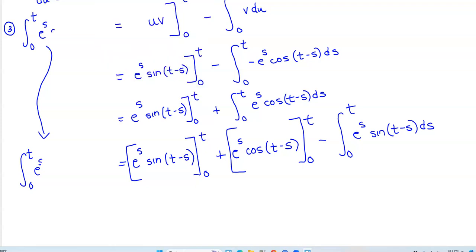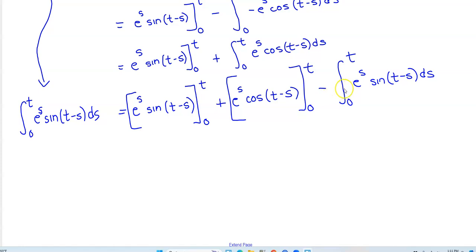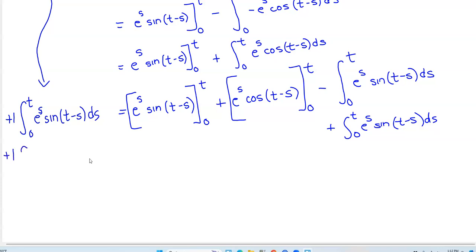So this is e to the s times the sine of t minus s ds. Now if you notice here, we're going to bring that to the other side. So this is plus 1. And then we're going to add this integral to this side of the equation.